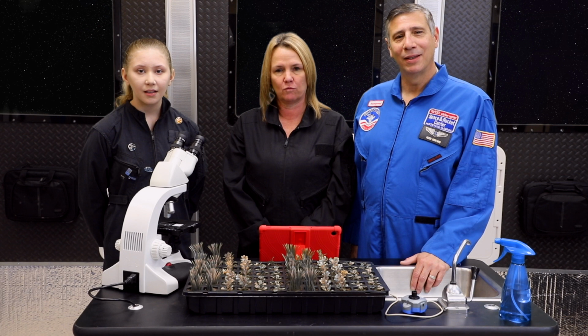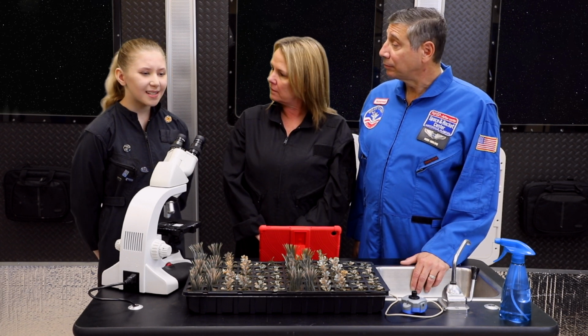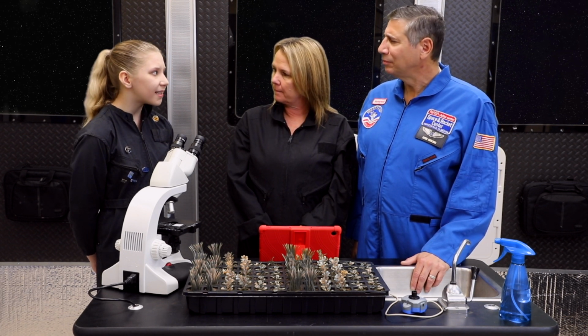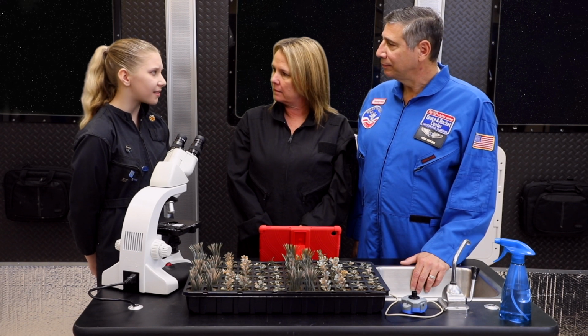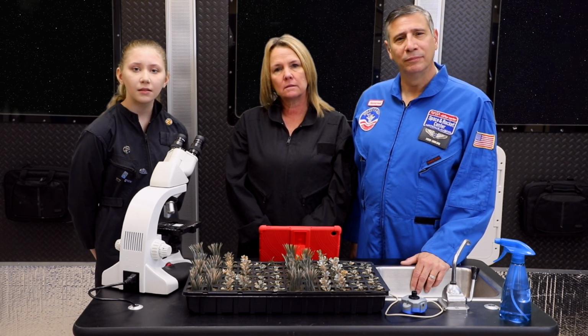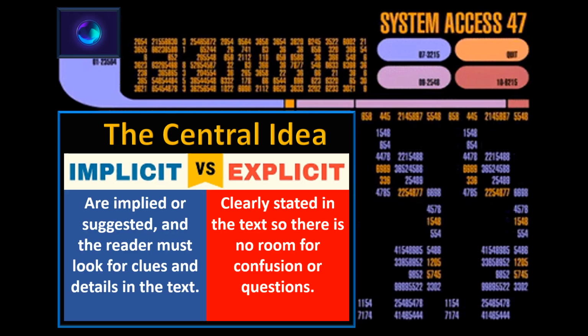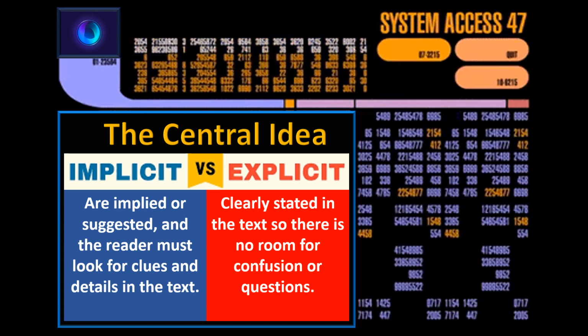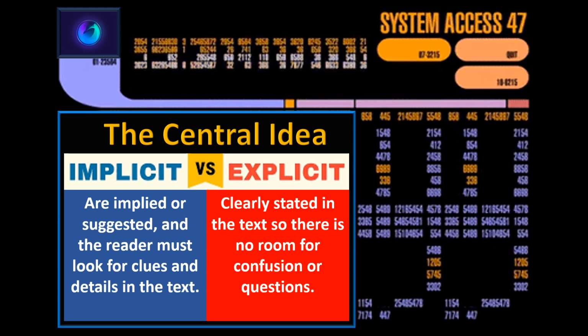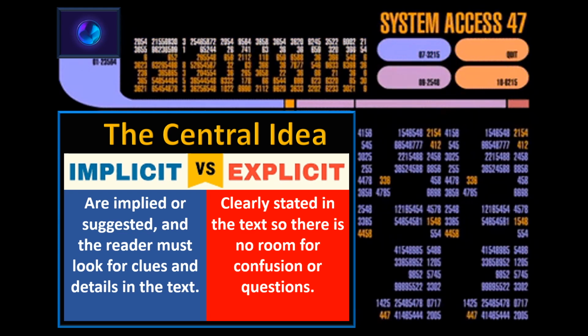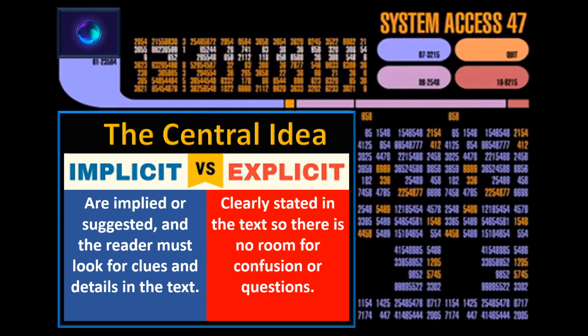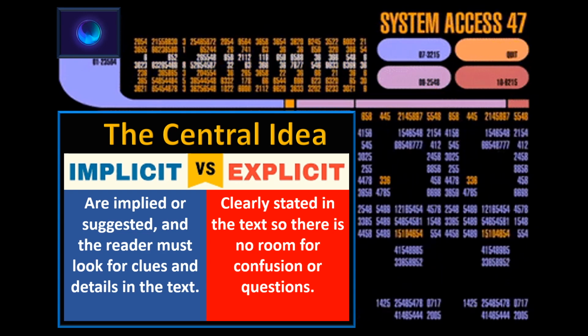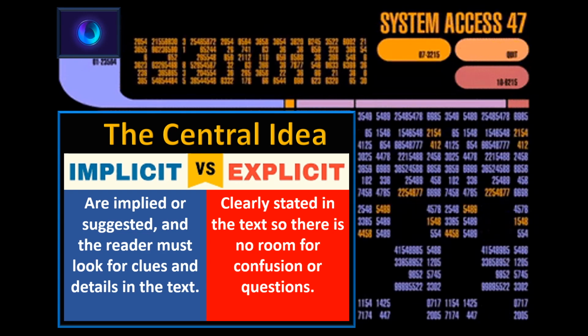You are correct, Aurora. Well, that makes sense, but how do explicit and implicit ideas relate to the summary process? Explicit central ideas are clearly stated in the text, so there is no room for confusion or questions. Implicit central ideas are implied or suggested, and the reader must look for clues and details in the text.